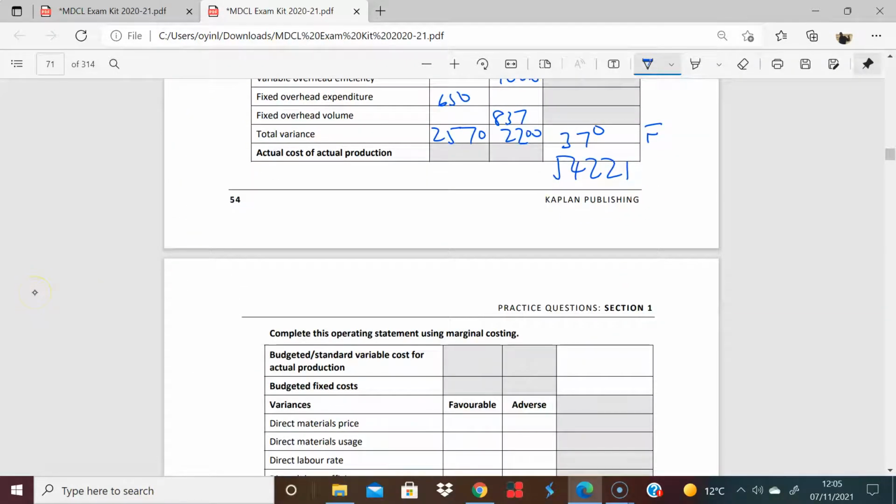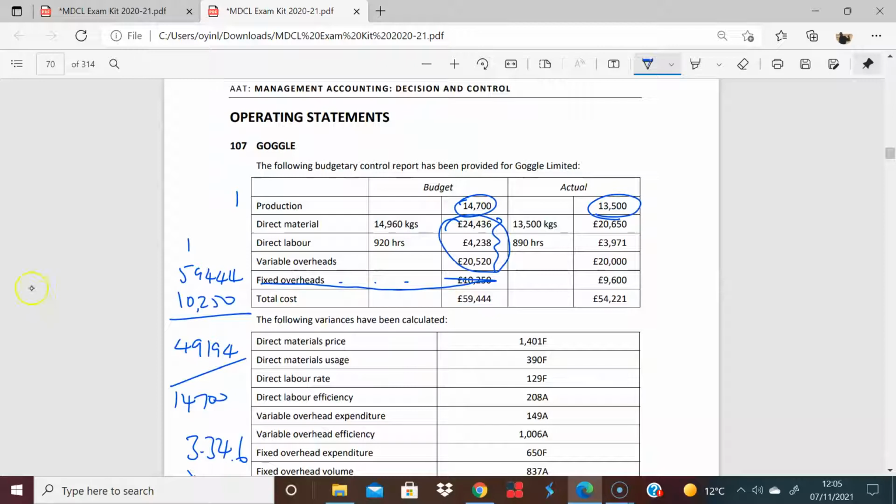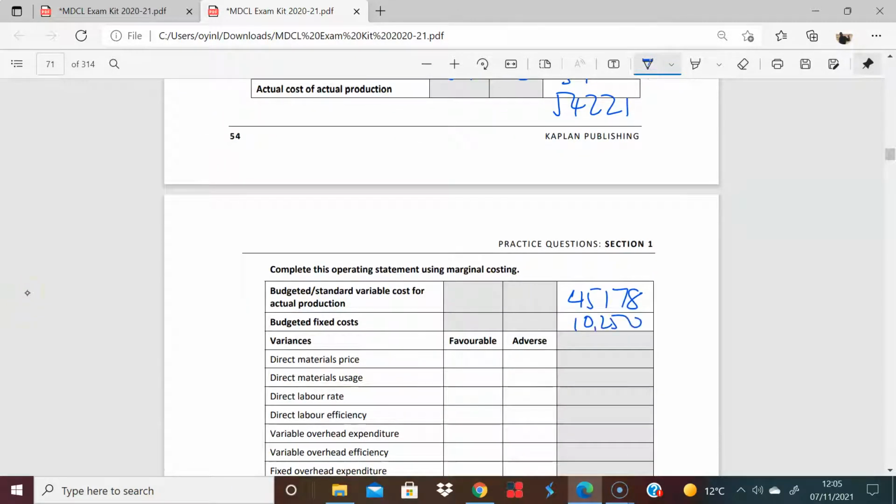Put that in here: 45,178. Because I'm not messing around with the overheads, as I shouldn't be, they stay at 10,250.